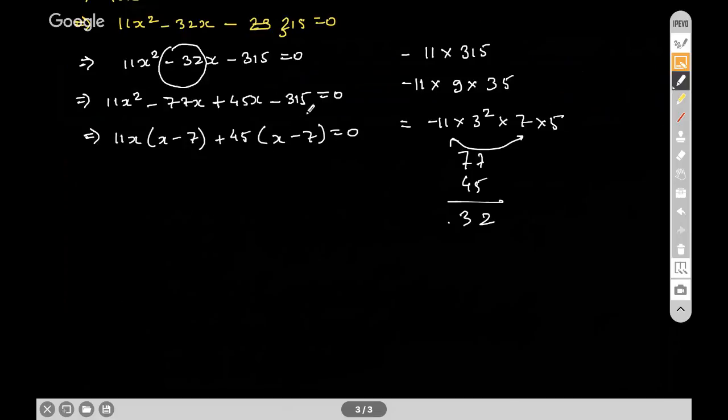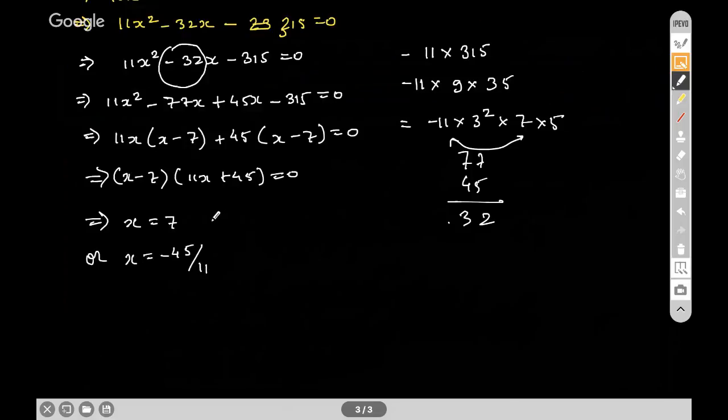Check: 7 into 45 is 315. Yes, correct. So hence it is (x minus 7) and (11x plus 45) equals 0. Right? This implies either x equals 7 or x equals negative 45 by 11.